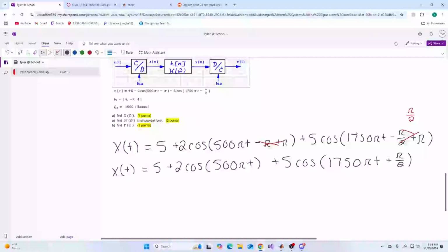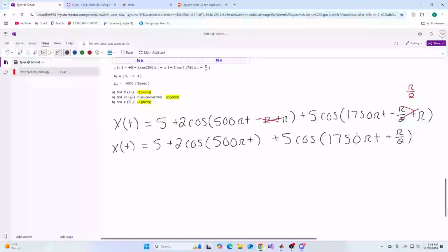Now what I need to do is change this into x sub n. To change this into x sub n, I need to divide each of these by my sample frequency. In this case, it's 1,000.